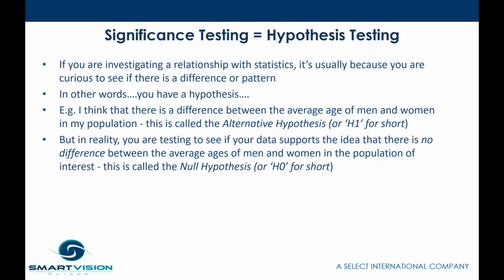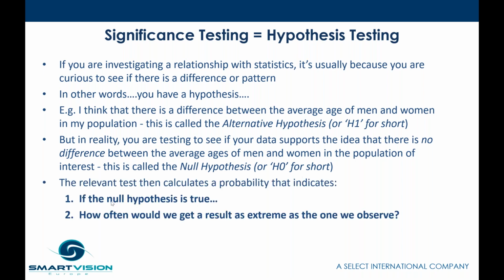But what you're testing is to see if your data supports the idea that there is no difference between the average ages of men and women in the population. And this is called the null hypothesis. So when you calculate your test, when you use some software to calculate the test, and it gives you a probability, the probability indicates that if the null hypothesis is true, how often would we get a result as extreme as the one we observe?